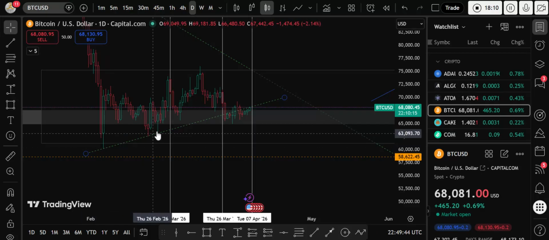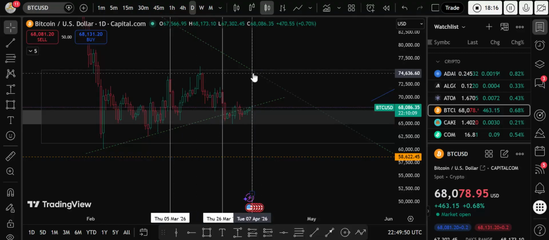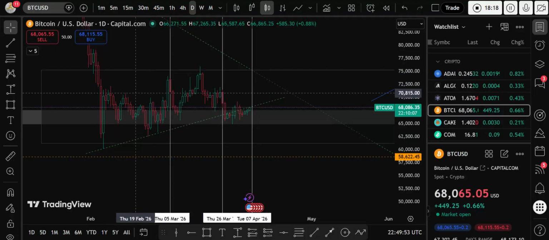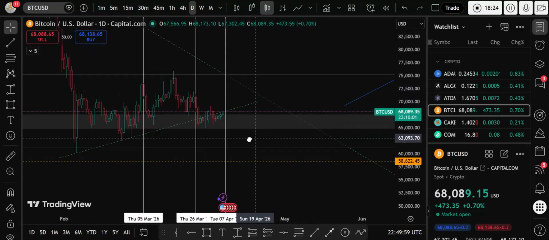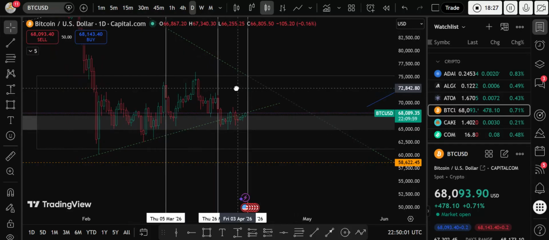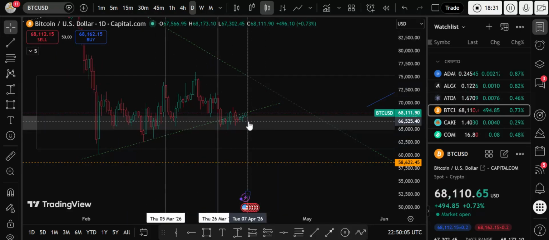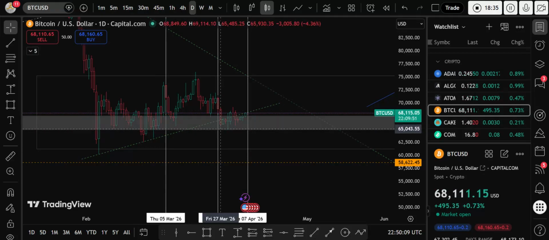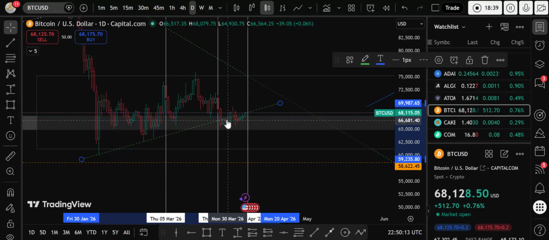It came here, touched, went up, came down, touched. But what I understand is that there is something over here which is preventing the price from moving. So it broke a daily trend line and consolidated.